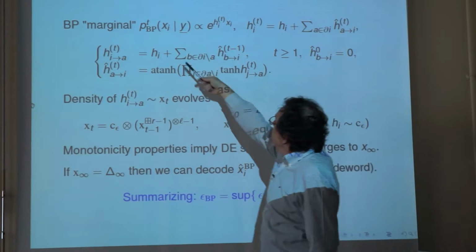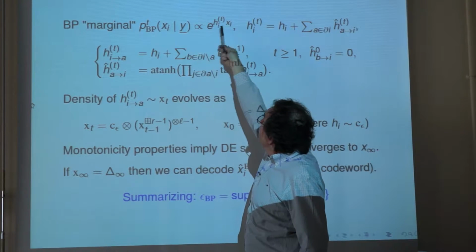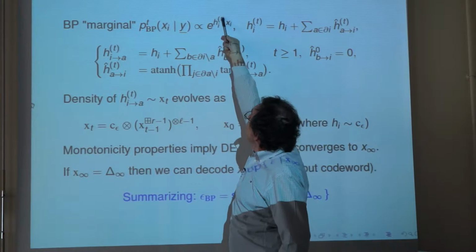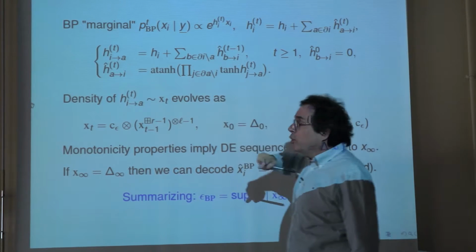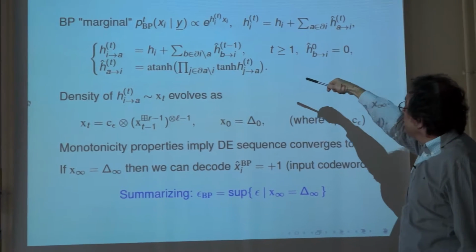Because the variable is binary, you can describe this probability distribution by just its log likelihood parameter that I call h_i^t.